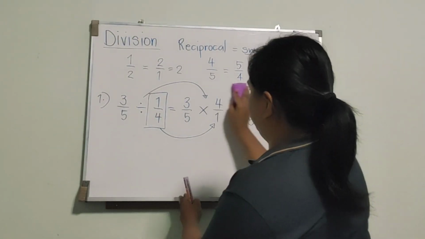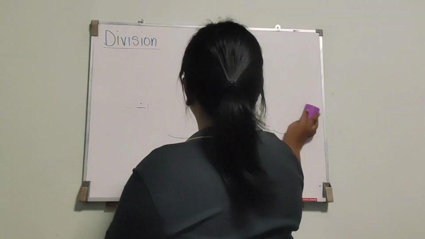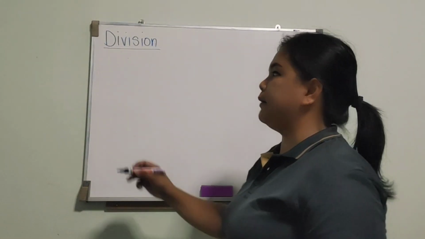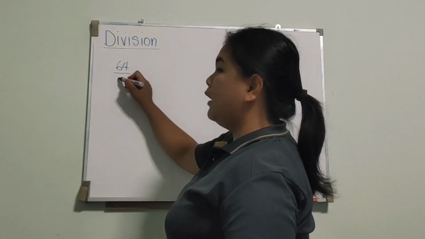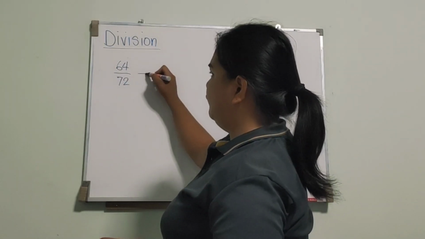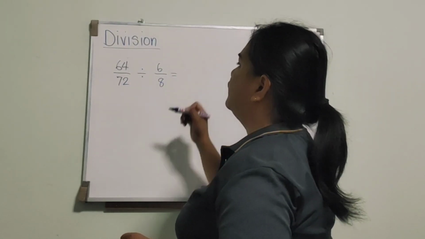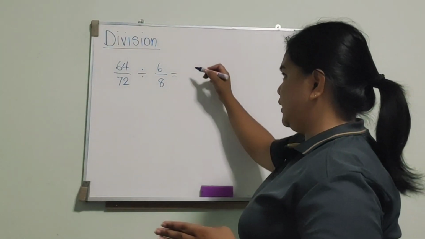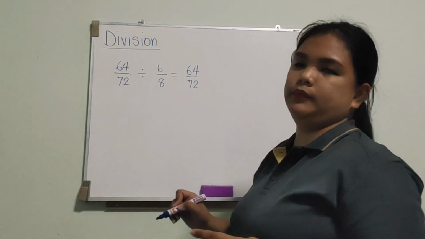Let's try another one. For example, we have 64/72 divided by 6/8. Again, the first number, you should copy: 64/72.